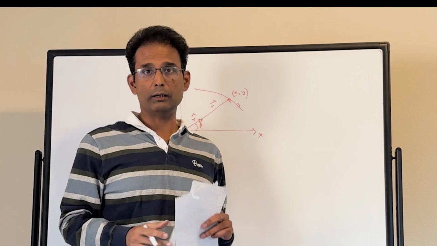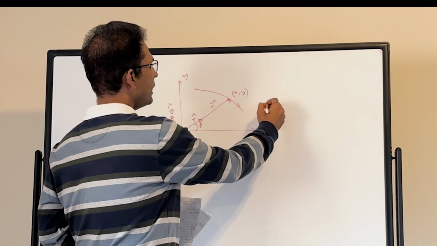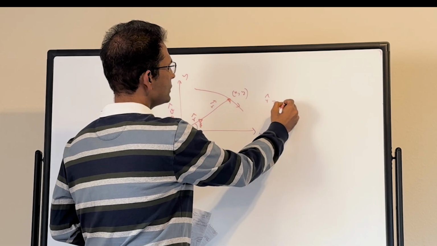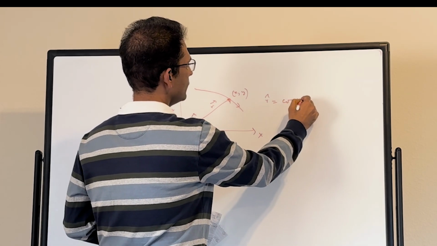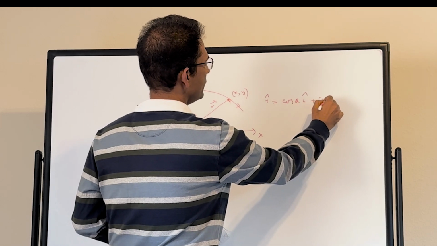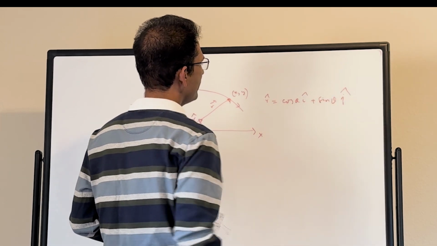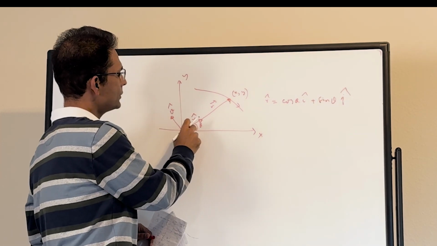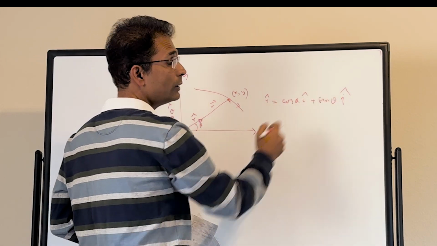It's of unit length. So you can write r hat as cosine theta i hat plus sine theta j hat. So this is theta, so you can resolve this into two components.